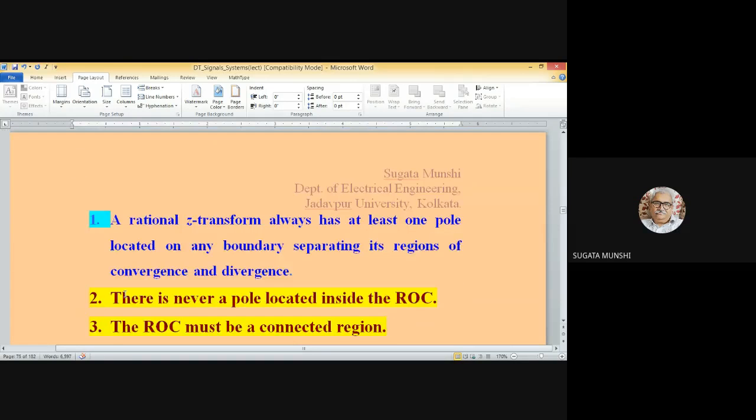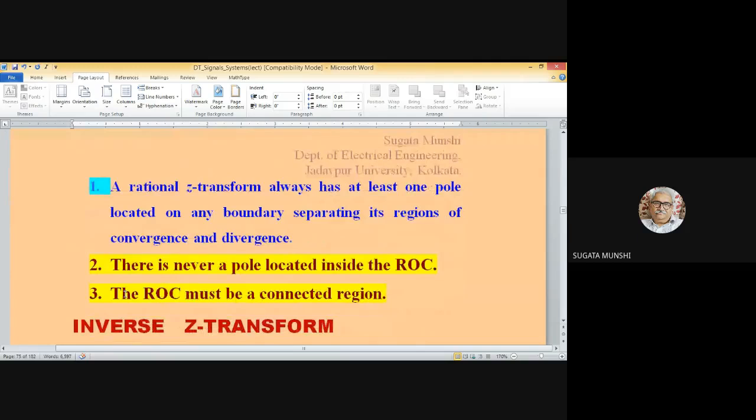So just note certain other properties of the ROC for a rational z transform. I have pointed out this observation earlier. A rational z transform always has at least one pole located on any boundary separating its region of convergence and divergence. Second observation is there is never a pole lying inside the region of convergence.